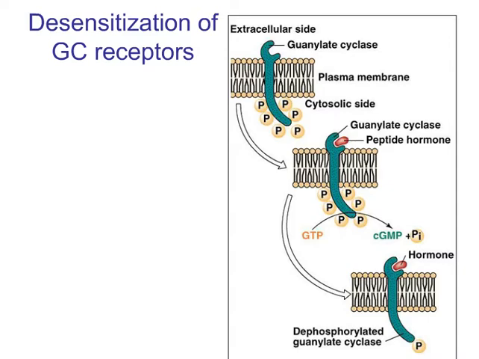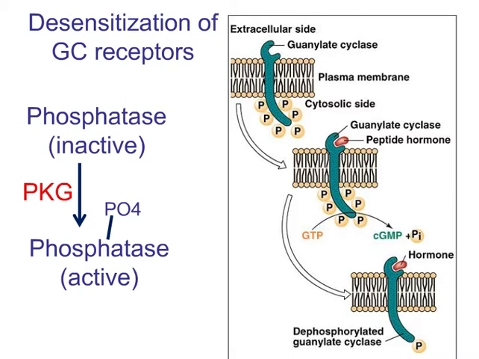In the unliganded state, receptors with guanylate cyclase activity have a cytosolic domain which is heavily phosphorylated. Activation of the receptor by peptide hormone binding activates the guanylate cyclase activity, and cyclic GMP accumulates, which activates protein kinase G. One of the substrates of protein kinase G is a phosphatase.